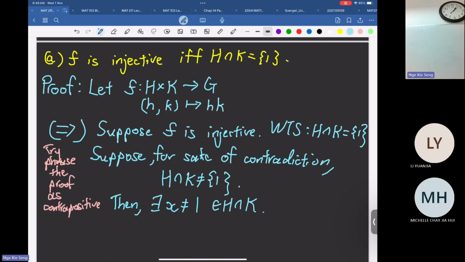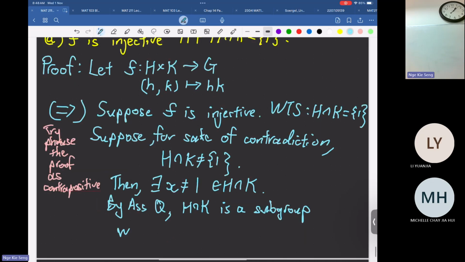Meaning if x is in there, x inverse is also in there. Okay. So by the assignment question, H intersect K is a subgroup, which implies that x inverse is in H intersect K. Okay. Are we good now? Can you imagine what I want to do next?